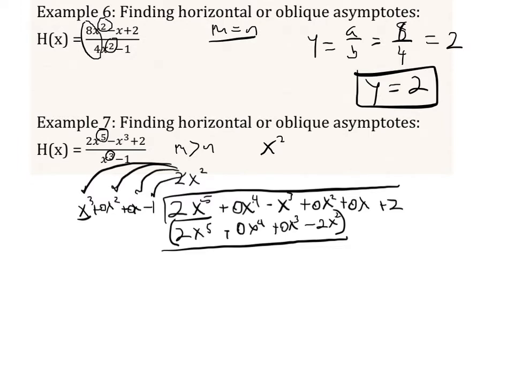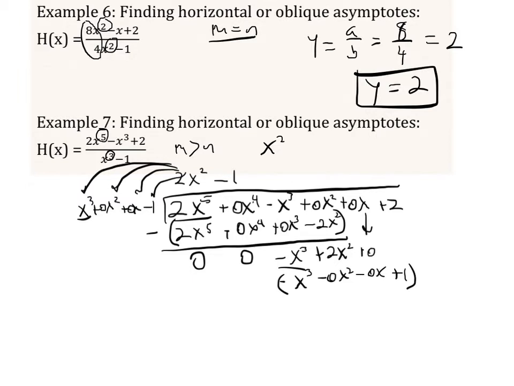Alright, so I get 0, 0, negative x cubed, and positive 2x squared. So then I say, well, negative x cubed divided by x cubed is minus 1, and we get x cubed minus 0x squared minus 0x plus 1. We bring down our plus 0x and our plus 2.